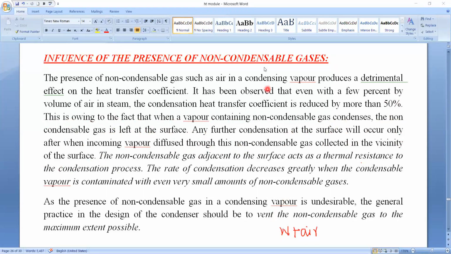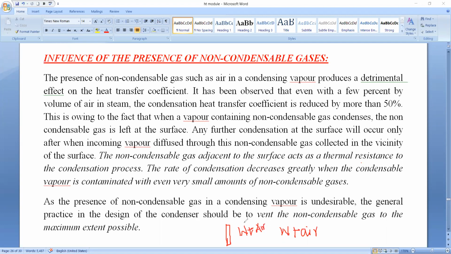Now let's understand this carefully. Consider a wall with surface temperature Ts. Now this wall is exposed to water vapor containing non-condensable gases, say air. Air is the perfect example of a non-condensable gas.